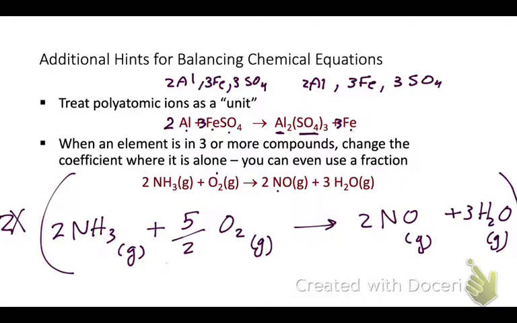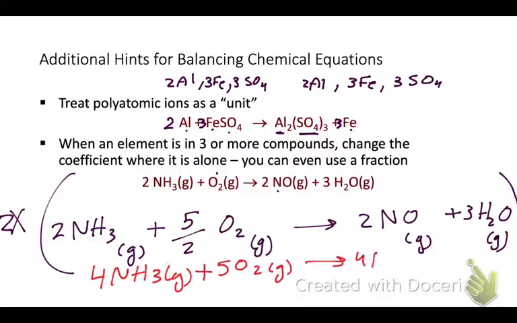It will be 4 ammonia reacting with 5 oxygen to give me 4 nitrogen monoxide and 6 water vapor molecules. Now let's do your check.